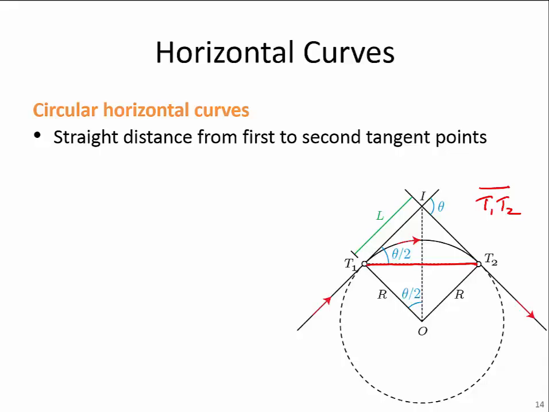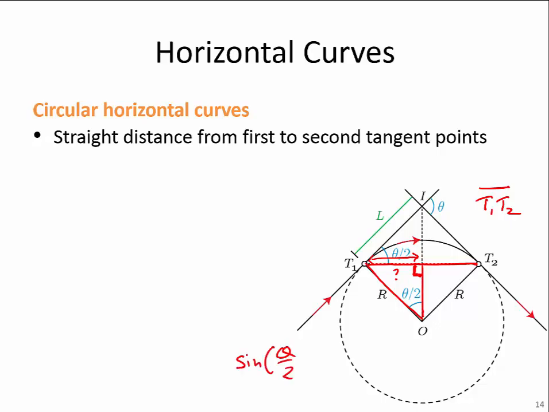Now, how can we do that? Well, let's look at this little triangle in here. We know that we've got a right angle here. We want to work out, let's say, this is half the distance we're interested in, so let's calculate that. We've got an angle and we've got the hypotenuse.